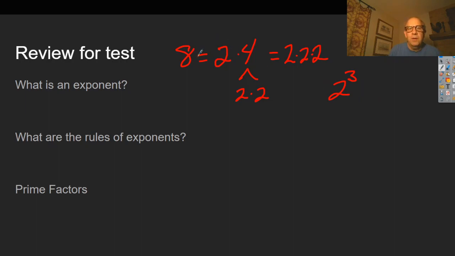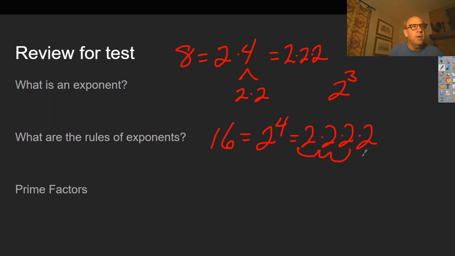So 8 can be written in exponential form. It's 2 to the third power. And then 16 can be written in exponential form as 2 to the fourth power, because 2 times 2 times 2 times 2, we know 8 times 2 is 16. And 32 and 64, etc.